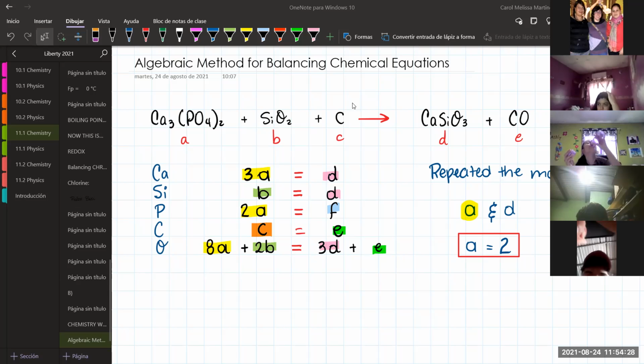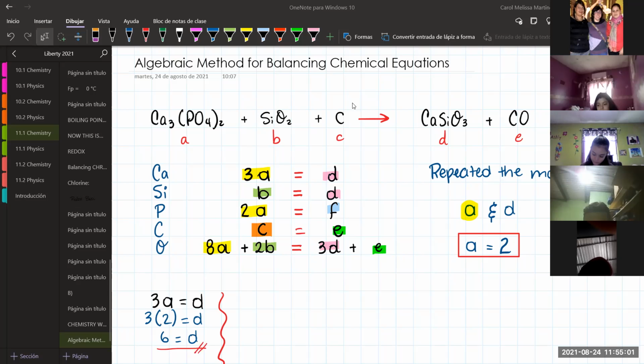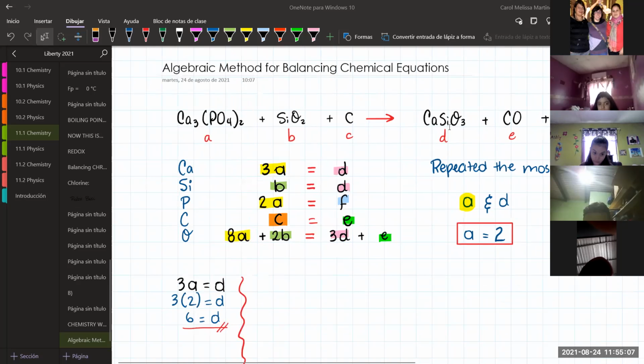I'm going to start working with every equation that involves A. For example, the first equation that I have is 3A equals D. Okay? 3A equals D. Remember that we assign a value to A, and we say that A is equal to 2. So if A is 2, then D is equal to 6. So this is the first value that we got. So I'm going to write all my variables beside.